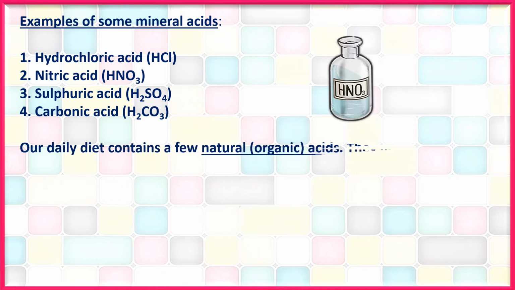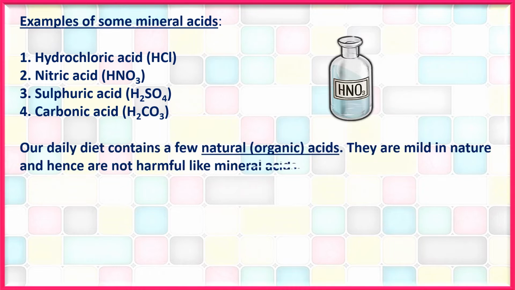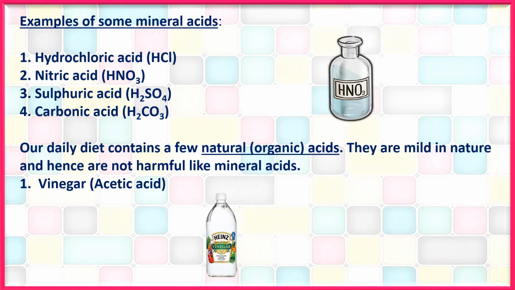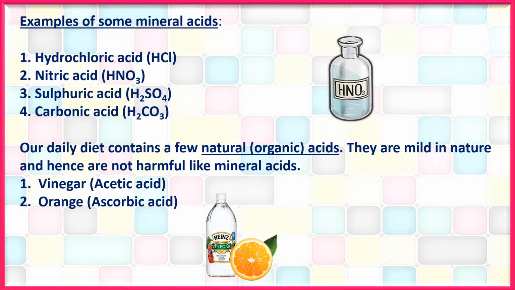Now, our daily diet consists of natural or organic acids. These are mild in nature. They are not corrosive. They are not harmful like the mineral acids. Some of them are vinegar, acetic acid. The food stuff orange contains ascorbic acid.